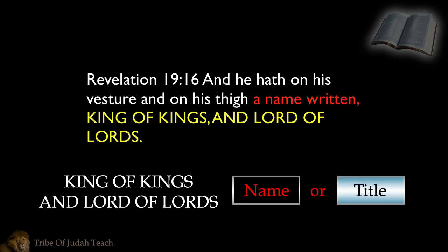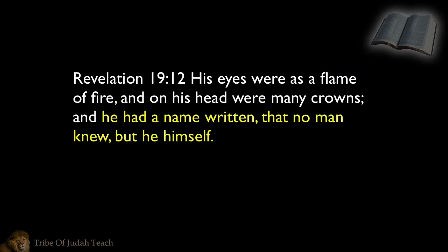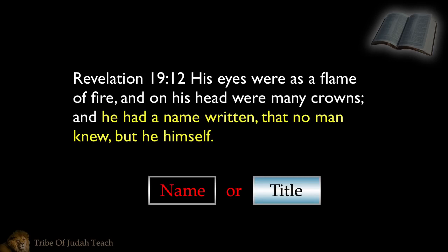So we see the context of these verses shows us that these names are actually titles, not personal names. So the name in verse 12 that no man knows, it's not a personal name. It's a title that the Most High gave Yahweh Shai that nobody knows yet. He only has one true name.